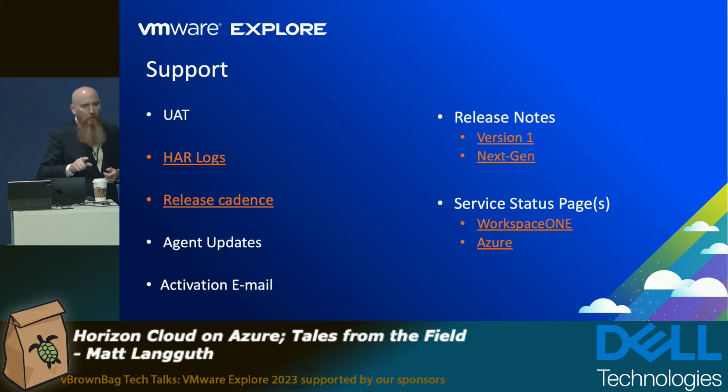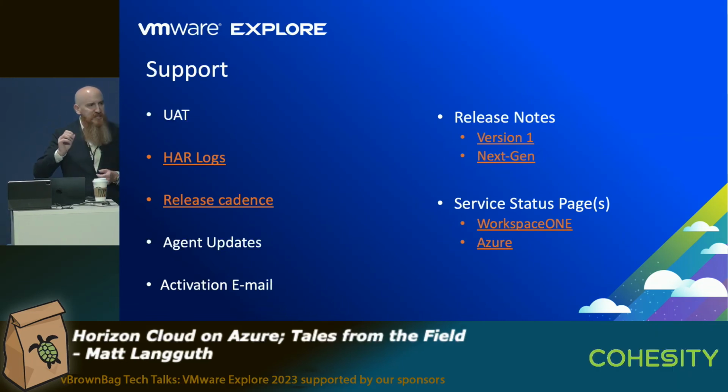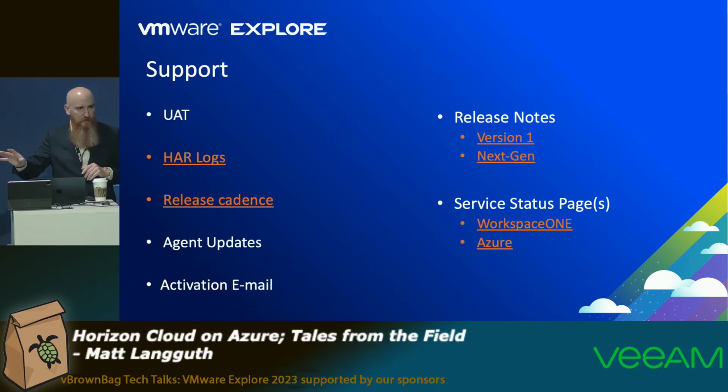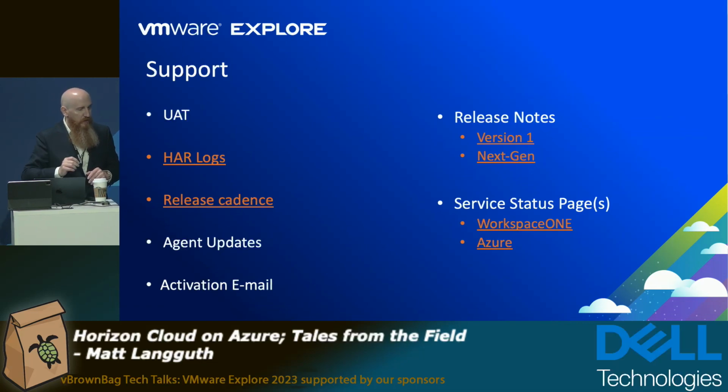Another really important one to call out as far as your support experience is HAR logs. HAR is an acronym for HTTP Archive. Every one of the major browsers has this ability to capture HAR logs. If you see an error in the Horizon Cloud Control Plane console, one of the first things support will ask you to do is capture the HAR logs.